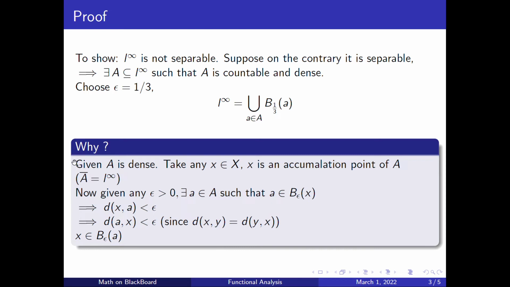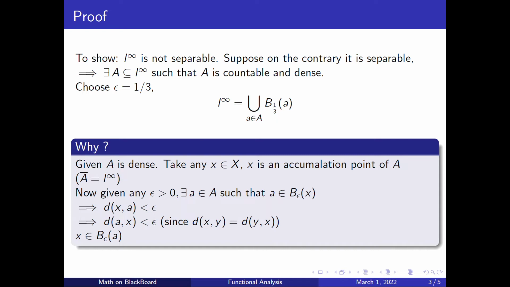That's exactly what we are claiming here. Just that we have chosen epsilon to be 1 by 3 here, and we showed that epsilon can be arbitrary. There is no restriction on epsilon, and therefore we can always choose any particular value. Here we have chosen 1 by 3.